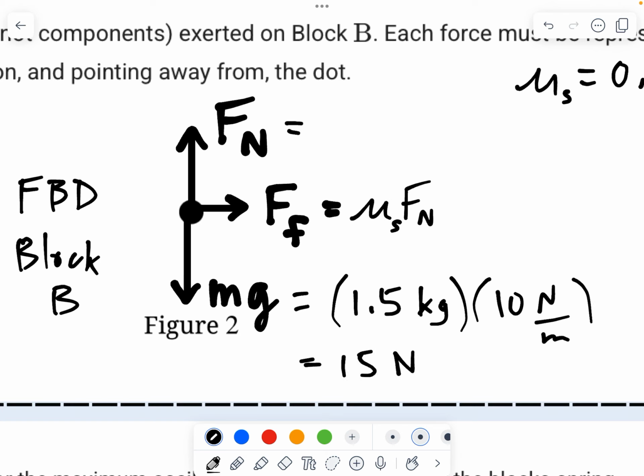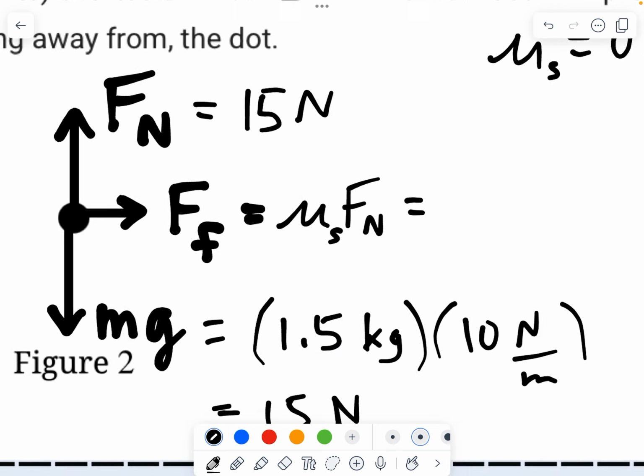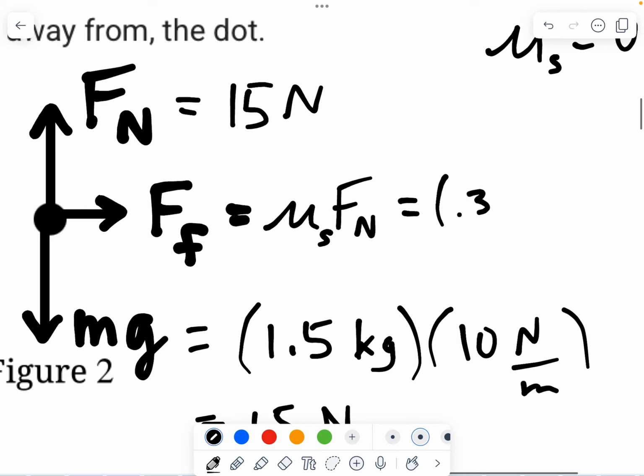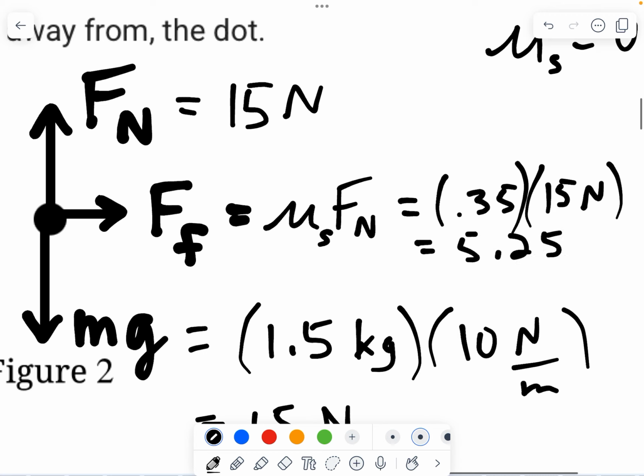So that means Fn equals 15 newtons, and that means mu Fn equals 0.35 times 15 newtons, and that ends up being 5.25 newtons. So that is the friction force.